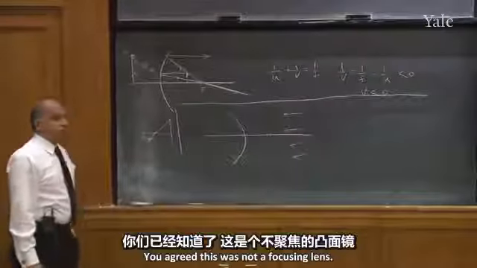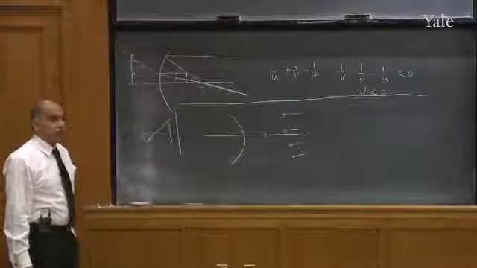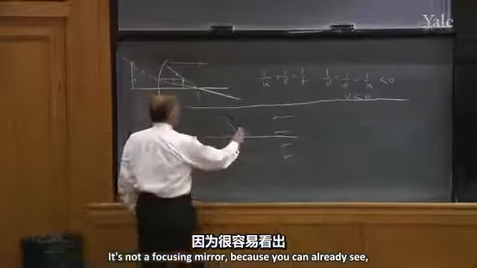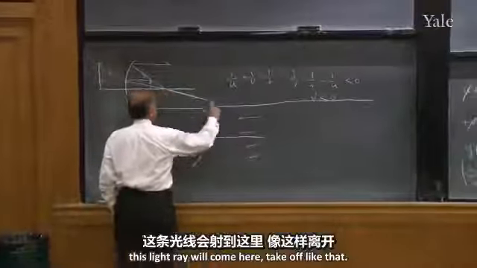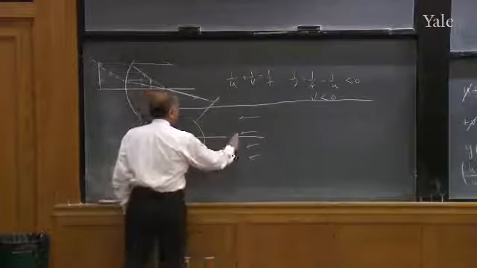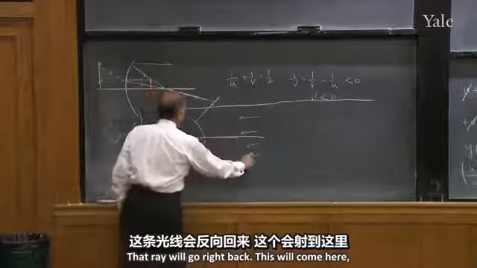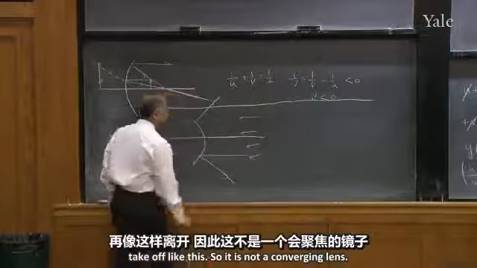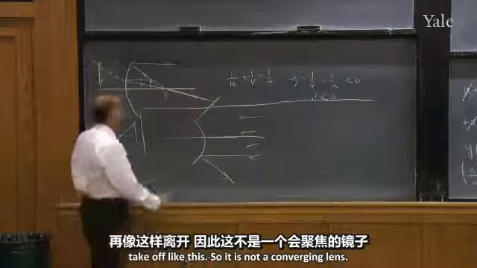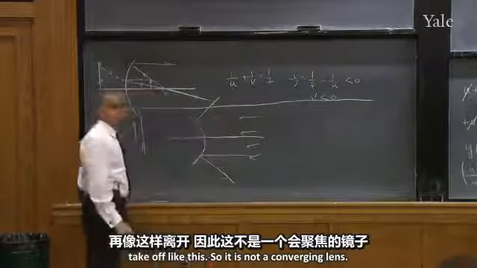You agree this was not a focusing mirror, because you can already see this light ray will come here, take off like that. That ray will go right back. This will come here, take off like this. So it is not a converging mirror.